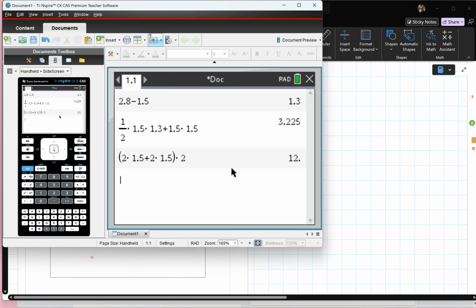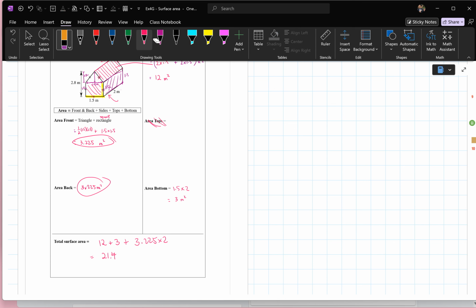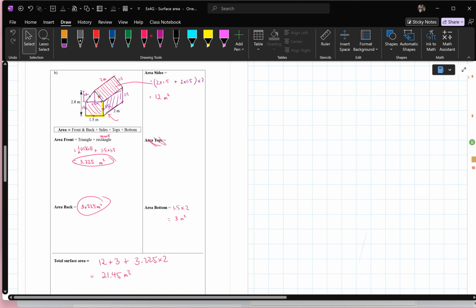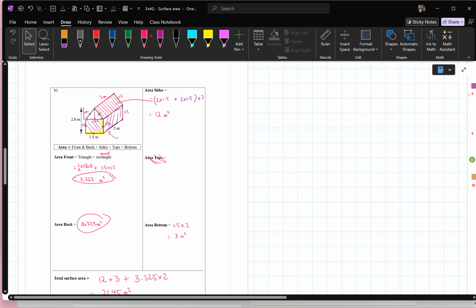Use our calculator, 12 plus 3 plus 3.225 times 2, and you get 21.45. And did it ask to round? No, there you go. That's how you do exercise 4G.